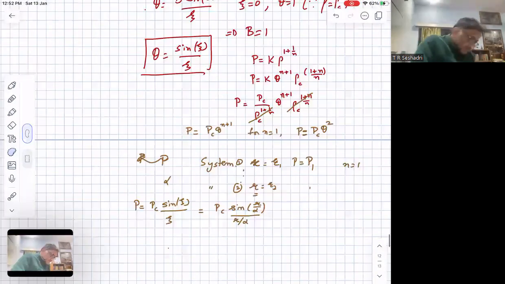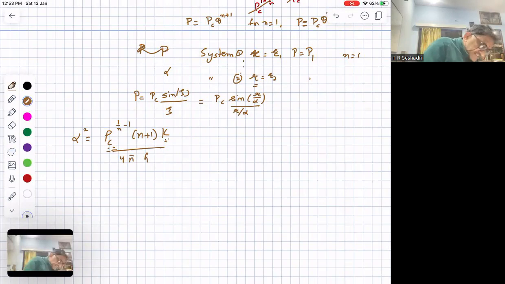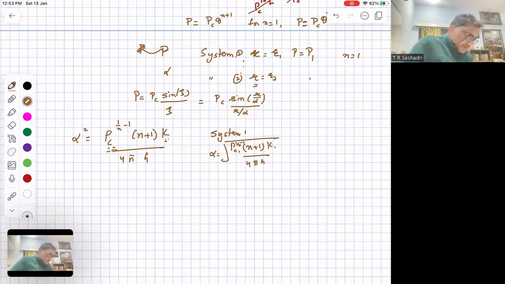So if I have the system 1, I have alpha equal to the square root of (n plus 1) K1 rho c1 to the power 1 by n minus 1, divided by 4 pi G. This is alpha 1.